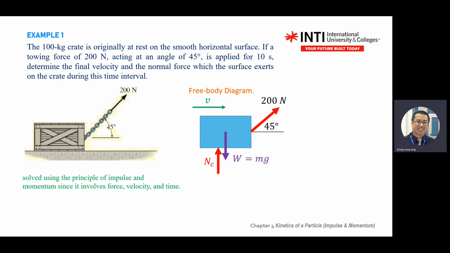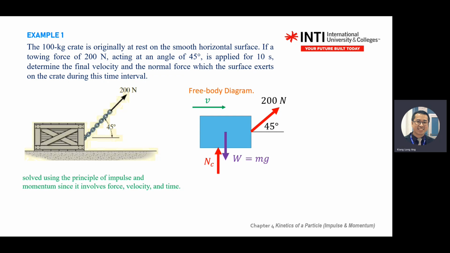Why do you put v there? Because we are now in chapter 4. We're only interested in velocity, because in the principle of linear impulse and momentum, we only deal with force, time, mass, and velocity. That's why I put velocity there.